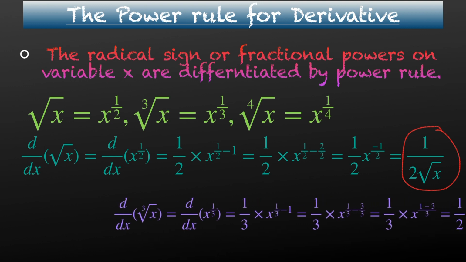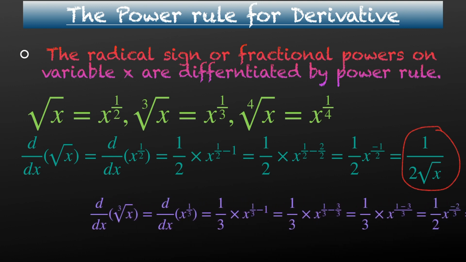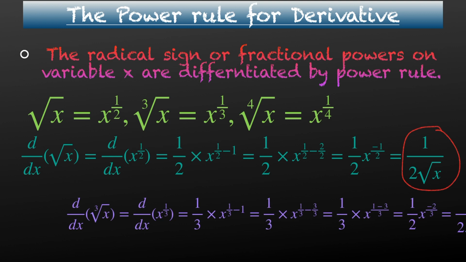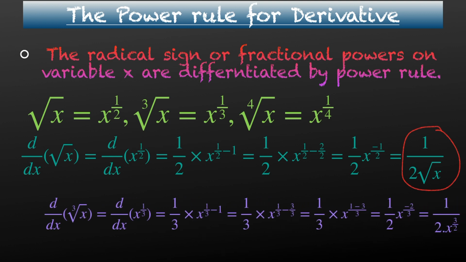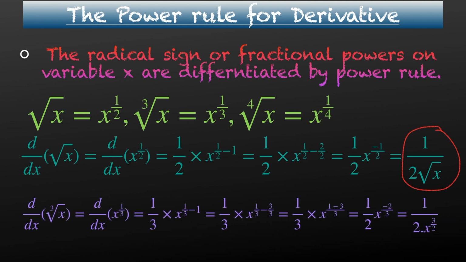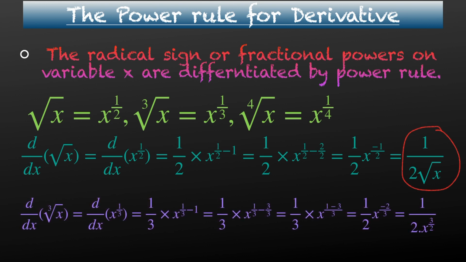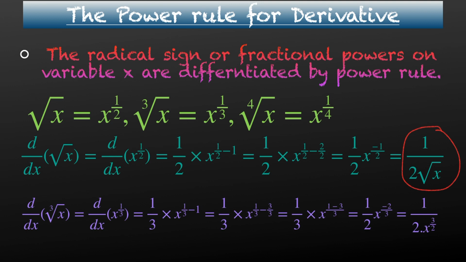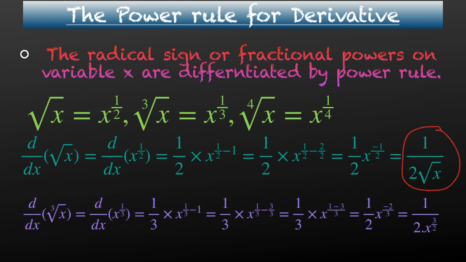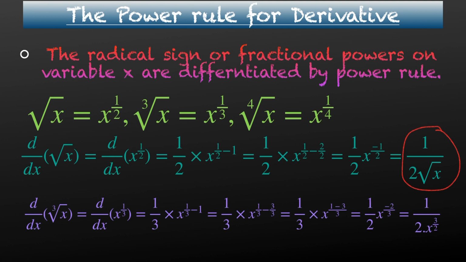You need to simplify the fraction 1 by 3 minus 1. For this you need to get the same denominator, so you multiply and divide it by 3 by 3 and you will get the answer 1 by 3 x raised to power minus 2 by 3. Now just simplify this expression and you will get 1 over 3 into x raised to power 2 by 3 in the denominator.